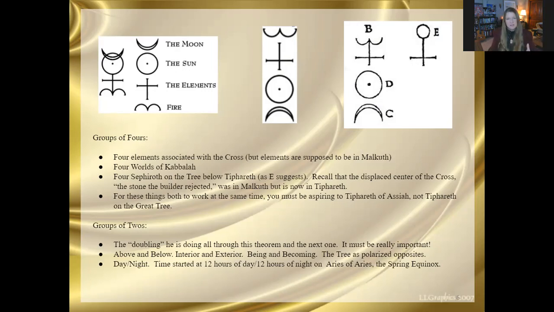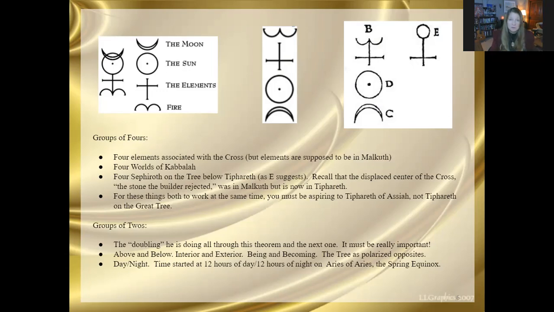Well, they're going to be important in the next theorem, where he's going to talk about a man for all hours. But also, think of how important it was to him to have time start at Aries of Aries, where day and night are balanced. 12 hours of day, 12 hours of night, and 12 is important in all kinds of ways through here. 12 tribes of Israel, 12 lots of different things.